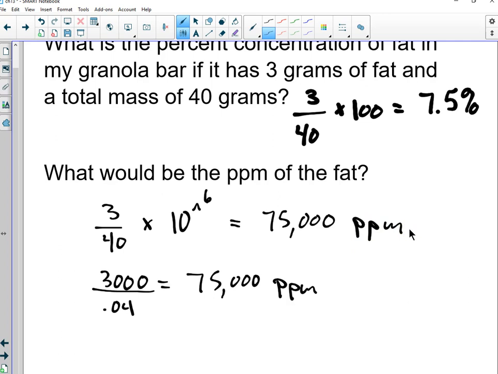Just because that's the way I learned it, and I've always done it. So it doesn't matter. Whichever one you find to be easier, do it that way. A lot of times parts per million will be given to you in milligrams and kilograms. So that's why I just have always stuck with that.